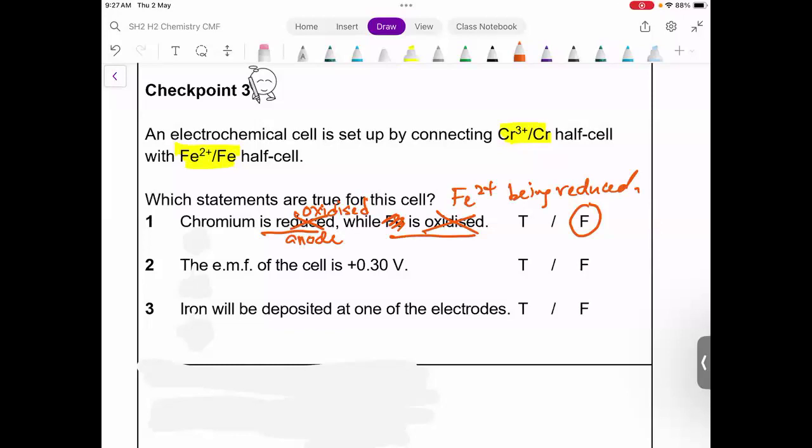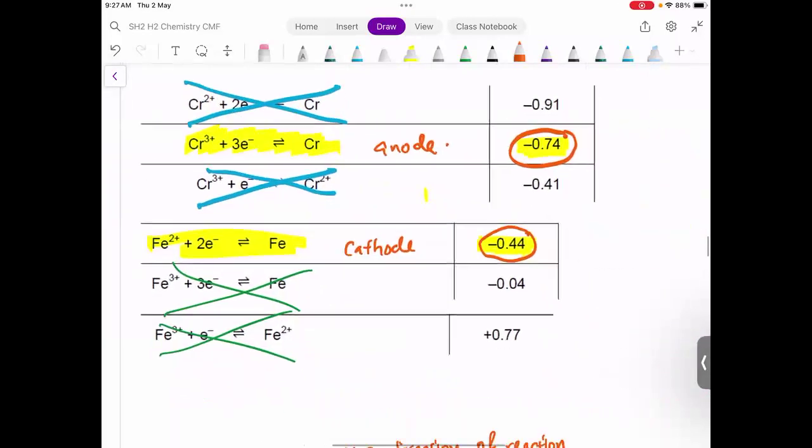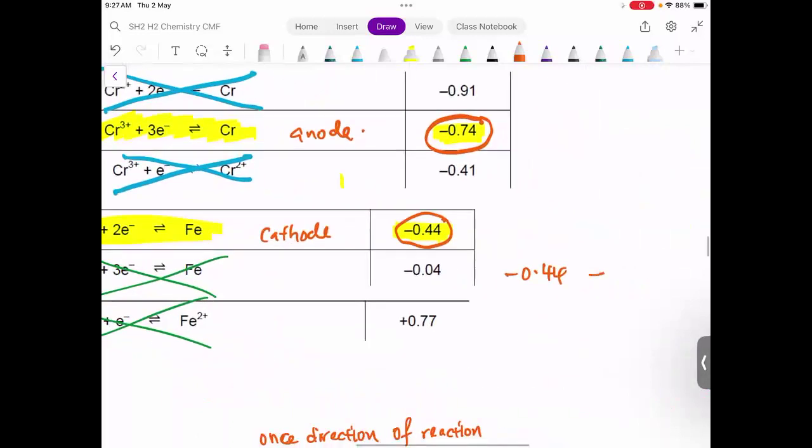Are you able to calculate the EMF, or rather the E naught cell? For A-level questions, they use this term. E naught cell plus 0.30. Are you able to calculate that? Don't need to multiply by anything. Just subtract. So that will be negative 0.44 minus 0.74.